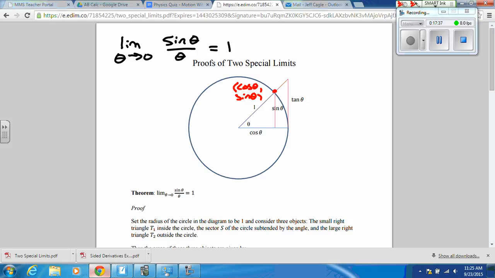Because the x-coordinate is cosine theta, if I drop a perpendicular, the length of this segment has to be cosine theta, and the length of this segment has to be sine theta. So this gives me a small triangle: 1, cosine theta, sine theta.